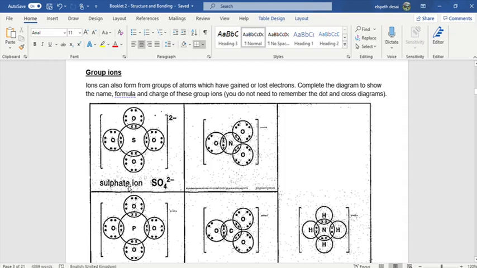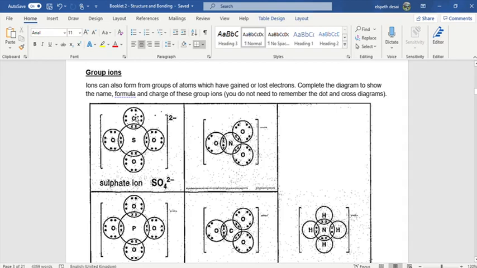So this is just to illustrate that we maybe didn't talk about these group ions in that much detail at Nat 5, but they look a bit like a molecule. You've got atoms held together by covalent bonds, but in order to get a full electron shell or a stable electron arrangement for all atoms, we need some extra electrons in most of these examples. That's why there's a 2- charge overall.